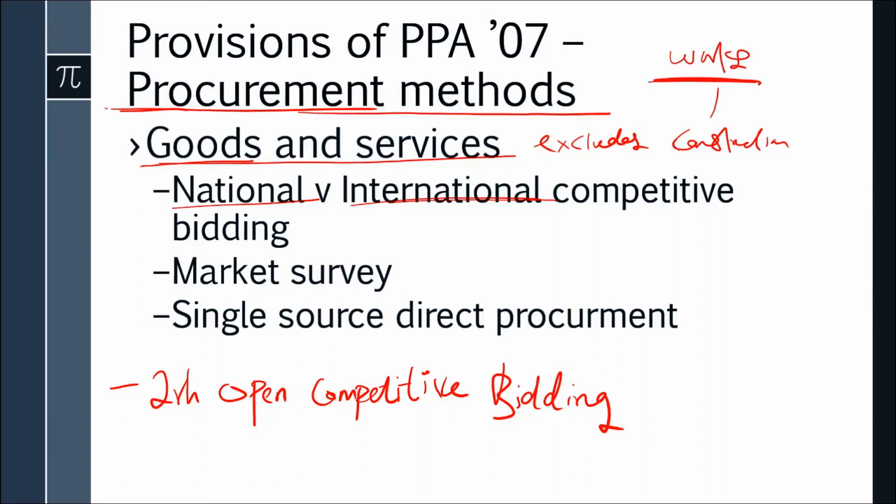So when it comes to goods and services, all contracts above 100 million naira must be subject to national and international open competitive bidding.